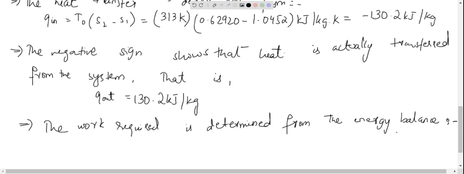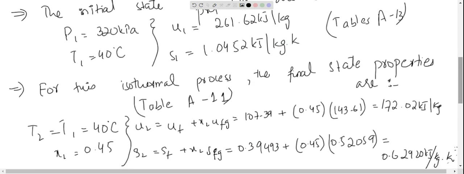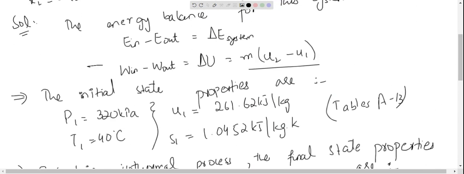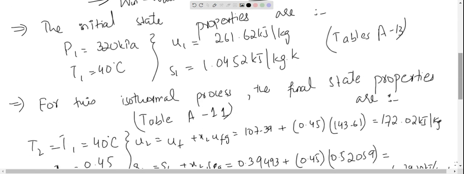So from the energy balance, work in is Q out plus U2 minus U1. This comes from our energy balance equation from this one.